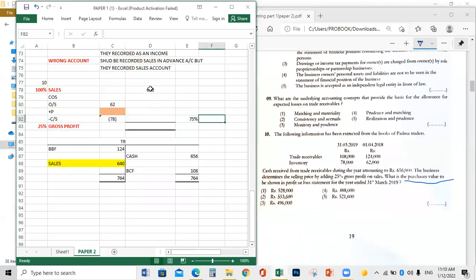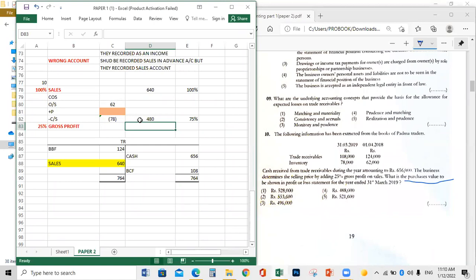So sales is 100%, and 100% sales is 640,000. You can find how much is 75%. You divide 640 by 100, you get 1%. You multiply it by 75, you will get 75%. So your cost of sales is 480,000.